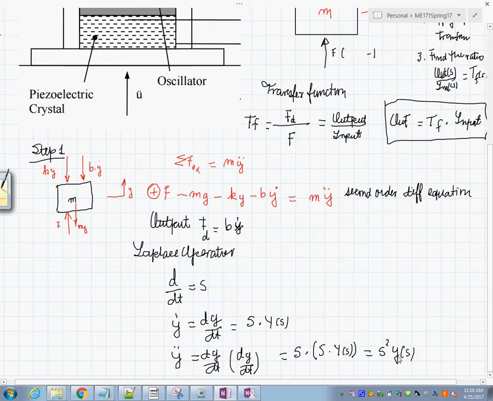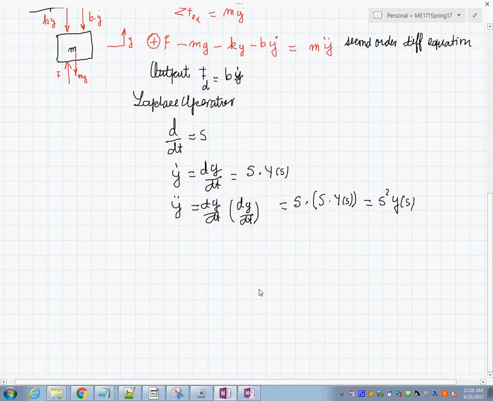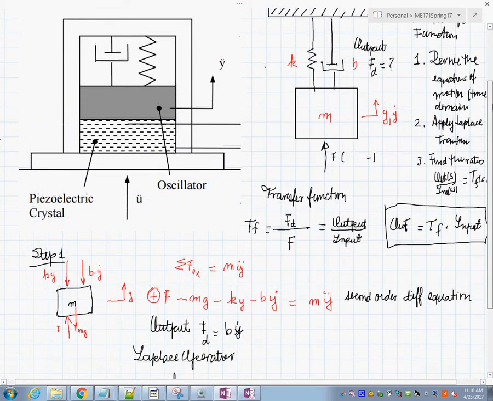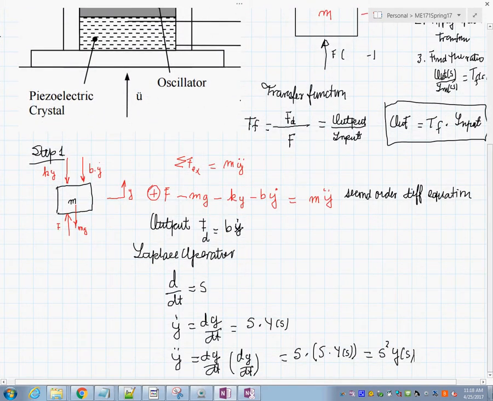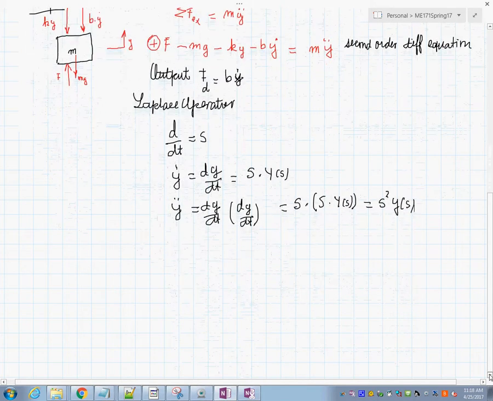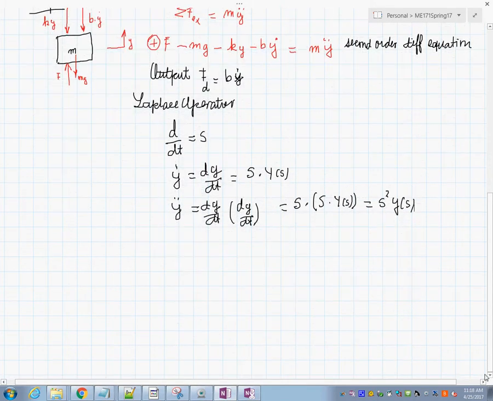So continuing with our derivation of the transfer function, we are going to go to step number 2. See that I outlined up there? It says apply the Laplace transform. So let's do that. We need to apply the Laplace transform to the differential equation, is what we mean.